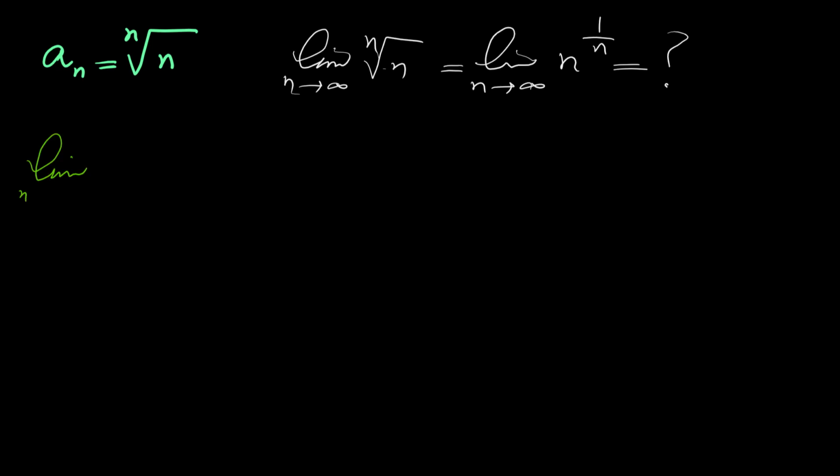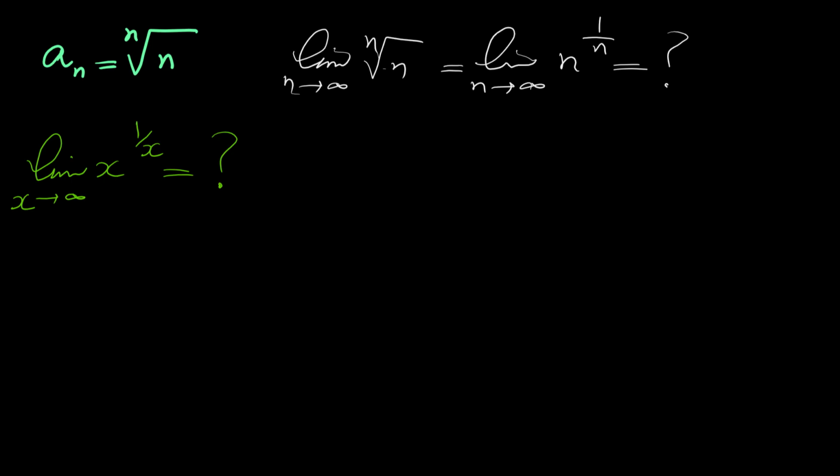The limit as n approaches infinity of x, not n, x approaches infinity. We have to change to x because we want to use L'Hopital. How can we find this limit? The problem here is that we don't have any fraction.